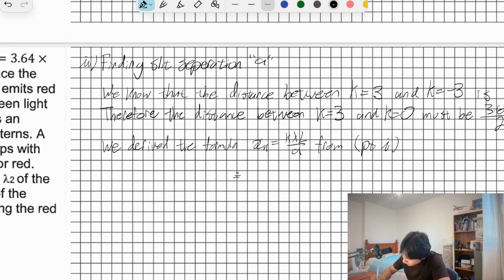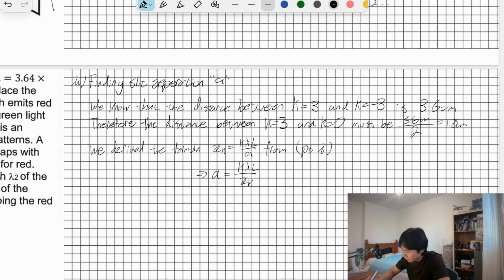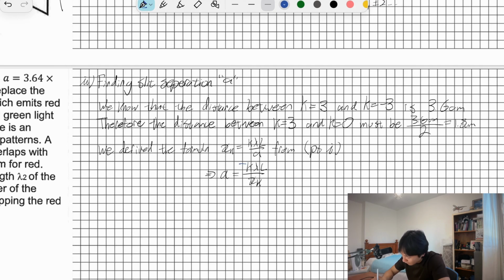This implies that the slit separation A is equal to k times lambda times L over xk. Just basic algebra manipulation. And since we're given the values, you know that k is 3.